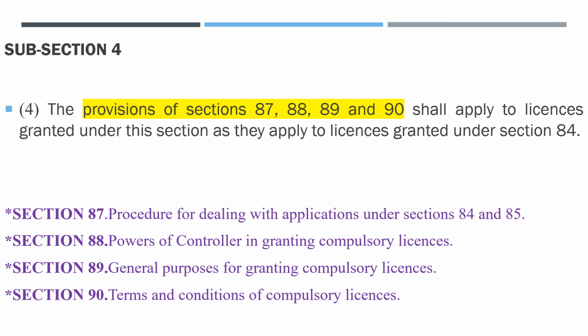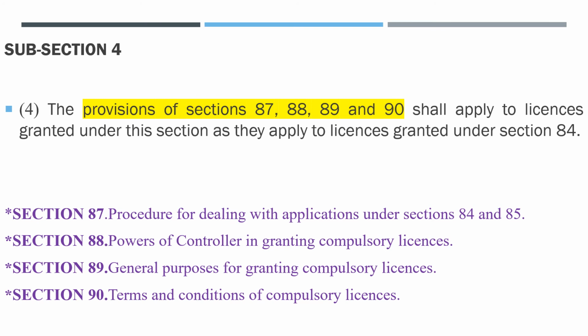So the relevant sections are Section 87, whose title is Procedure for Dealing with Applications under Sections 84 and 85. Section 88, whose title is Powers of Controller in Granting Compulsory Licenses. Section 89, and its title is General Purposes for Granting Compulsory Licenses.